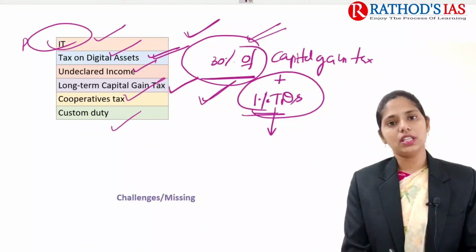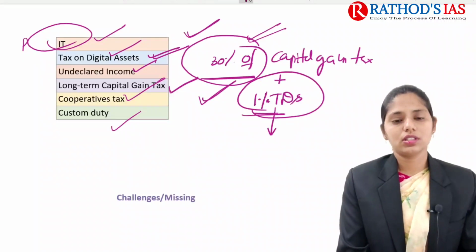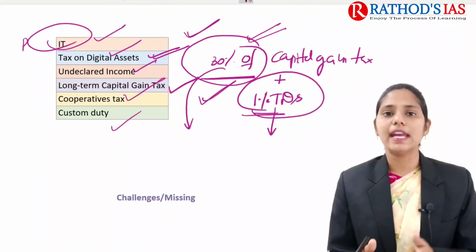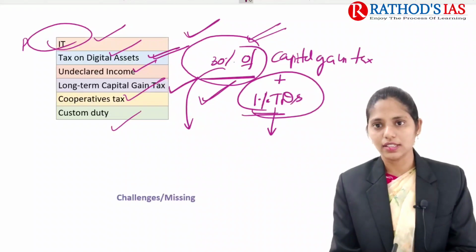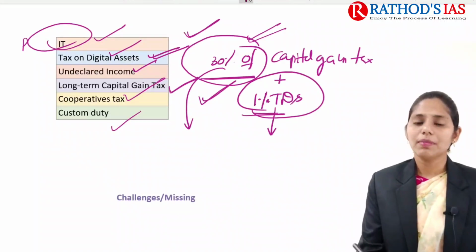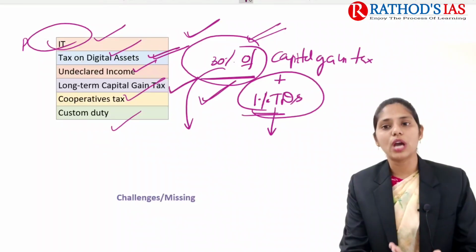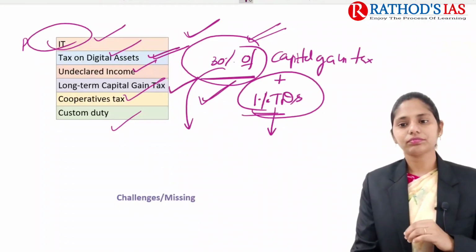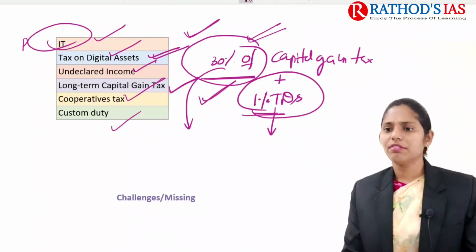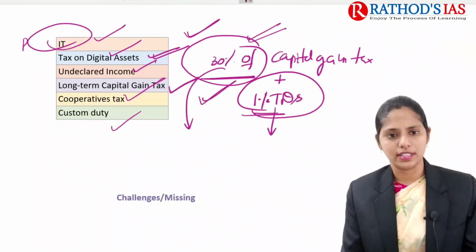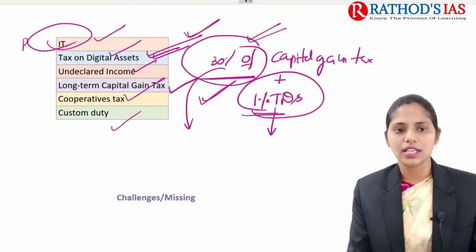And the next important thing: whenever this 30% capital gains tax is imposed on digital assets, many people get some hope that the government might accept cryptocurrency, right? And they can freely trade in cryptocurrency. So this is about digital assets.